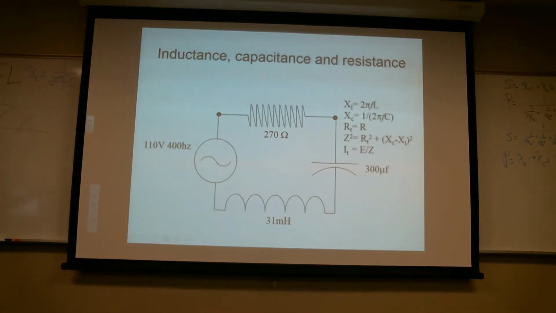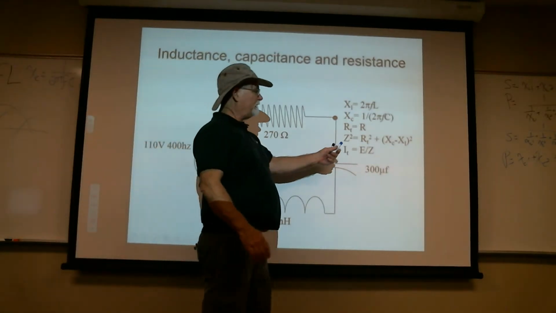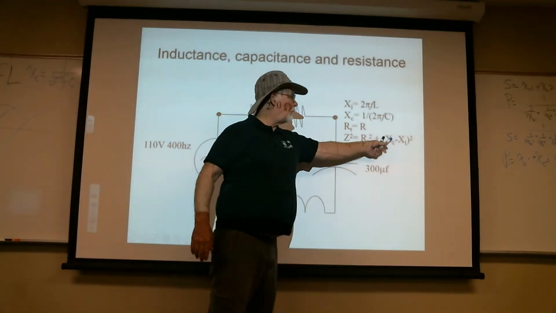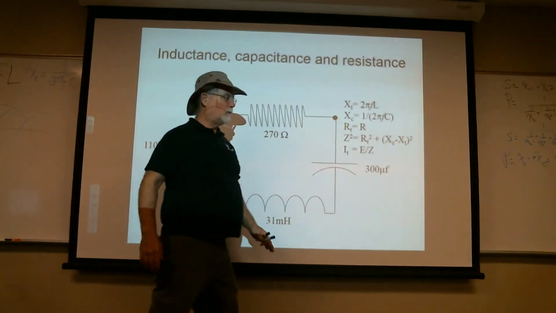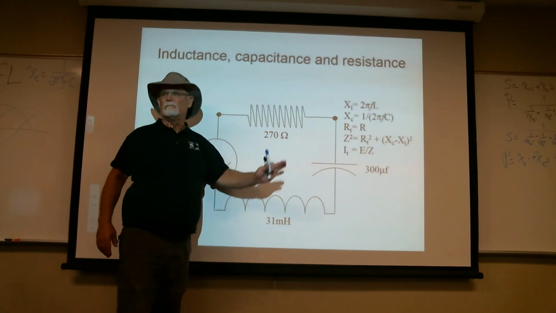So there's a problem. I went through this problem earlier. I don't think we need to go through that one. This is what it looks like when you have everybody reduced down to single components in series. However, when I go to parallel, I'm going to have to use my Pythagorean theorem. I'm going to have to put the 1 over in each one of these when I put these in parallel.